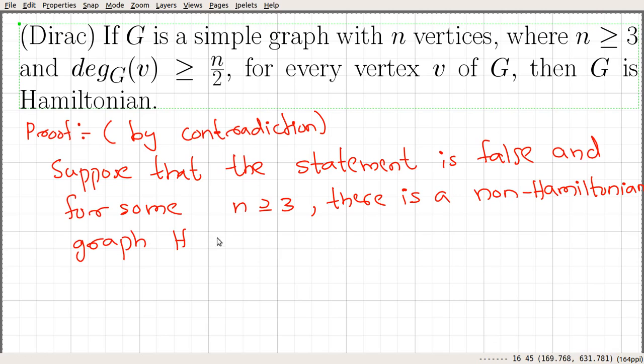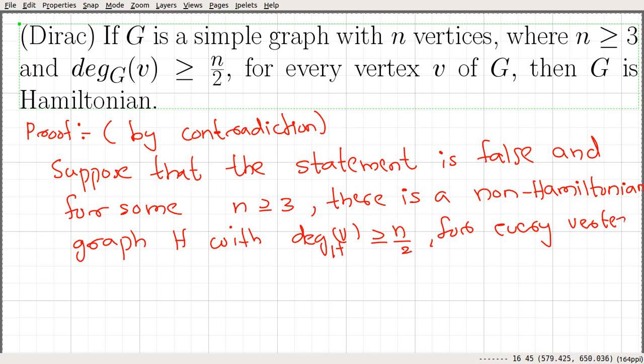Let's call that graph H, which satisfies the hypothesis, with the degree of every vertex in H greater than or equal to n by 2. So we assume that the statement is false, and for some n greater than or equal to 3 there is a non-Hamiltonian graph H, where the degree of each vertex in that graph is greater than or equal to n by 2.